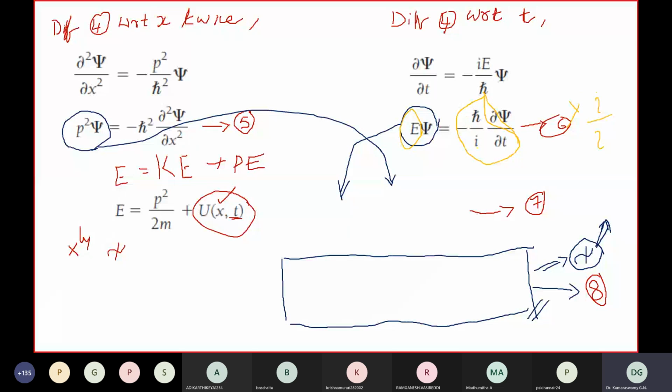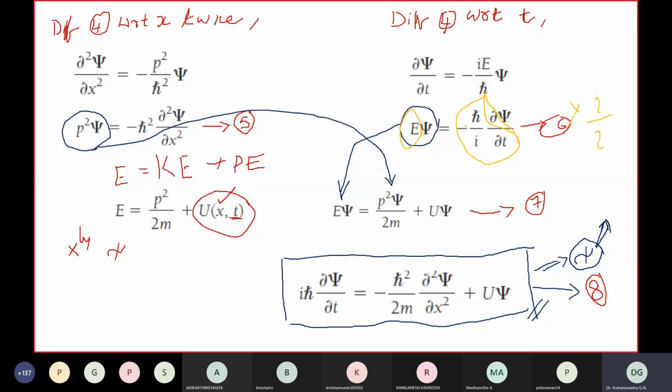Minus i h cross by minus 1, right? Yes, sir, i square is minus 1. Then what do you get? Minus h cross dou by, sorry, i h cross dou by dou t. Yes? That is what I have written. Itself it is changed, right? See here. Multiply and divide by i, you will get rid of i in the denominator as well as the negative sign. Clear?